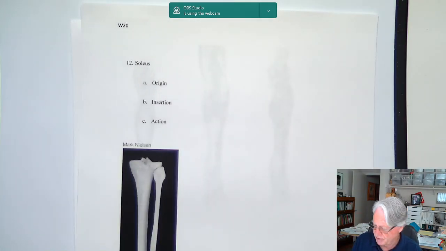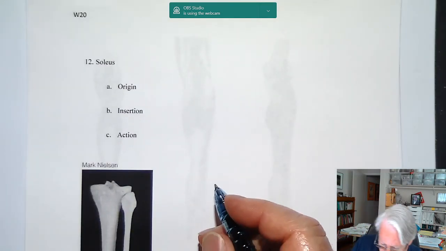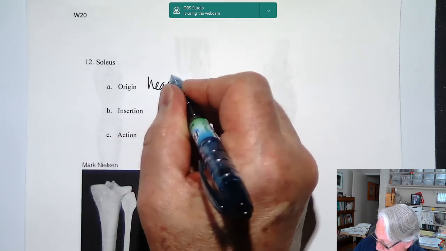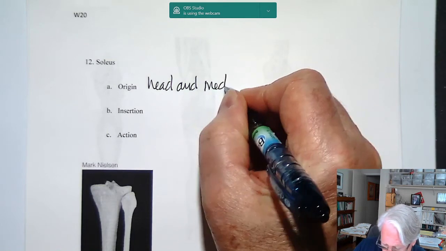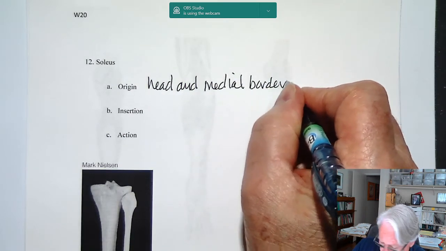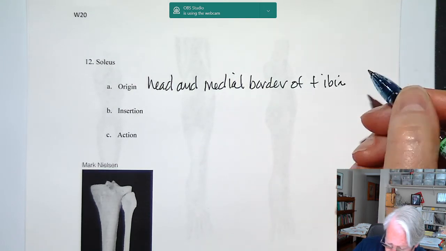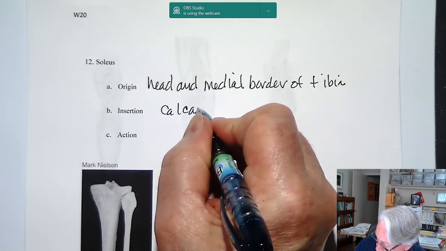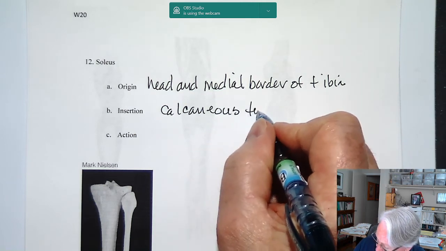The soleus, origin. Origin is the head and medial border of the tibia. Okay. Insertion is again the calcaneus tuberosity.